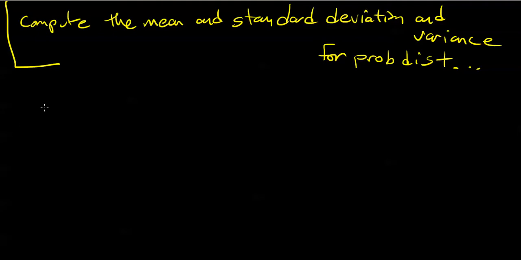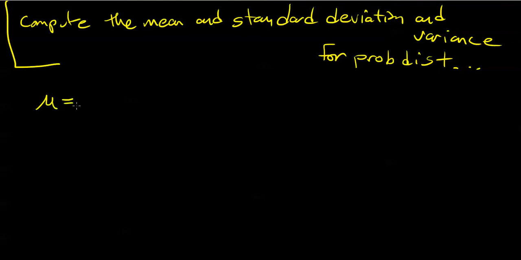Alright, if I'm given a discrete probability distribution in table form, as we did just above, I'm going to give you a couple formulas first to compute the mean and the standard deviation for a probability distribution.